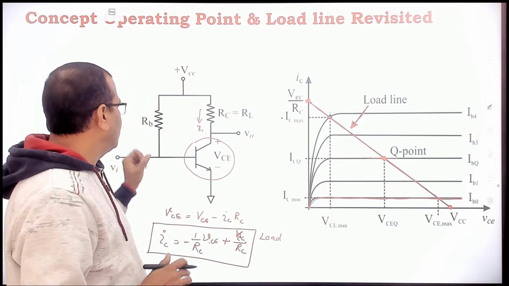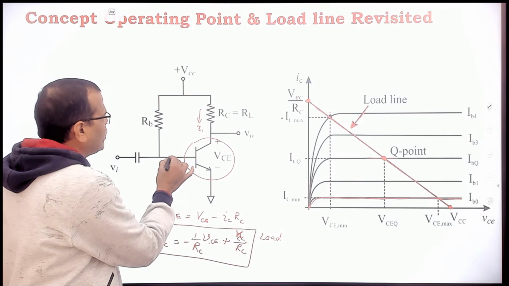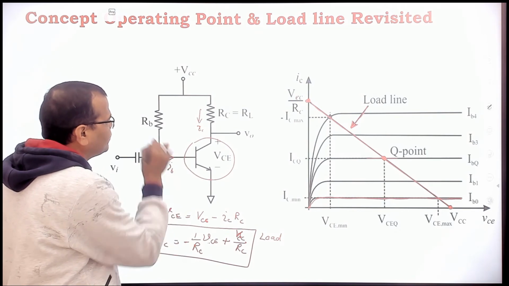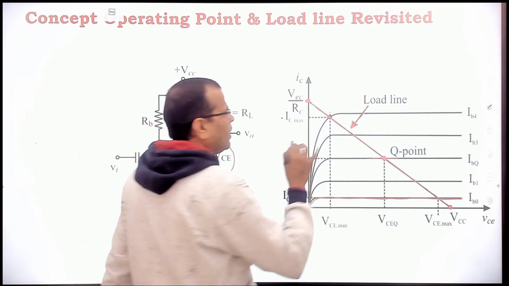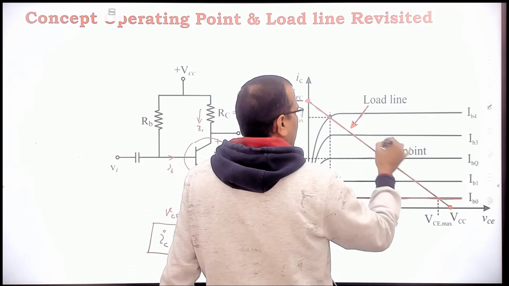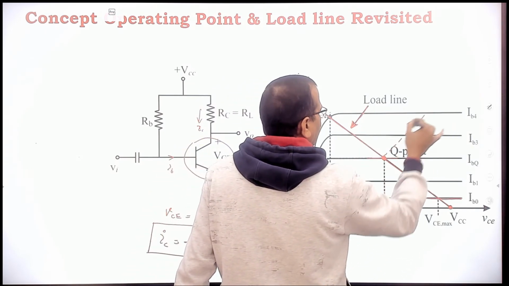I give some signal. What is this? This is my base current, right? I give some current, that is the base current, and base current is normally in microamperes.